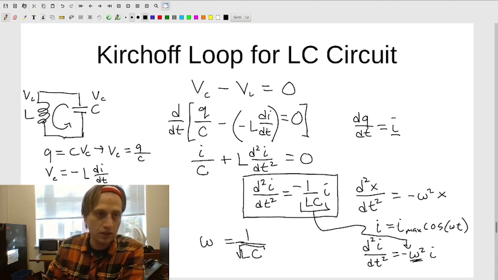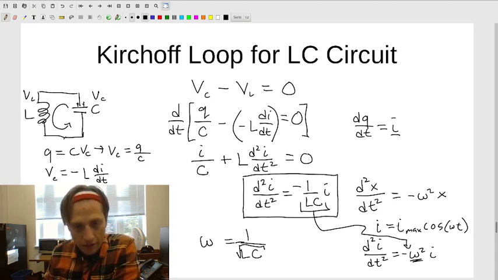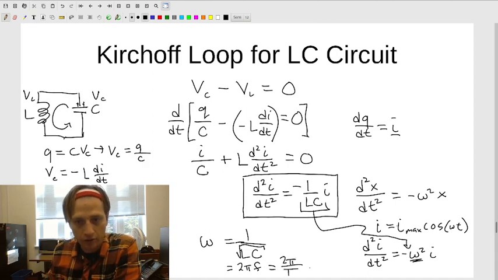So you start out with this plus charged up, the plus goes to the other side, and the plus charge comes back. That's one full cycle. And the omega is 1 over the square root of LC, which of course is the same as 2 pi times the frequency, or 2 pi over the period.